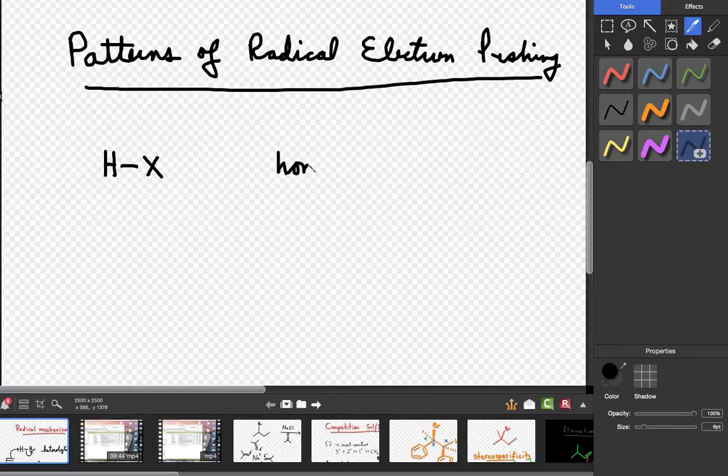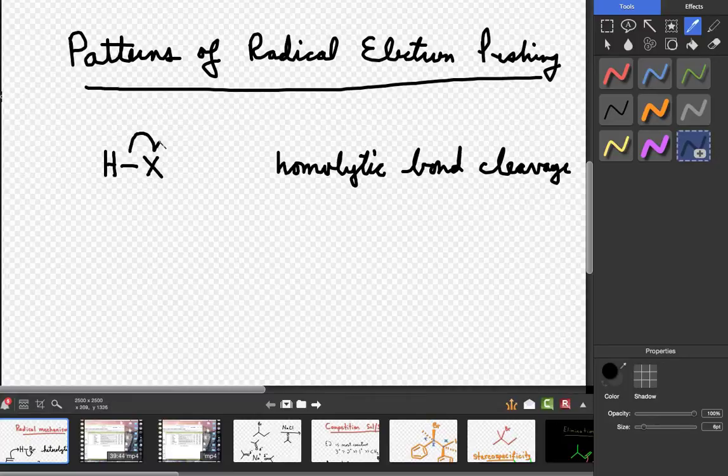Homolytic bond cleavage. This is almost always the first step of any radical mechanism, and it is called an initiation step.